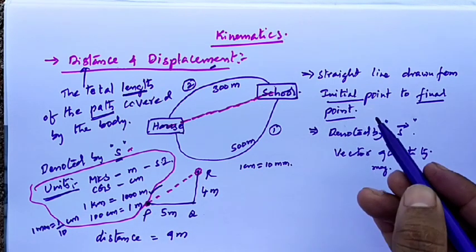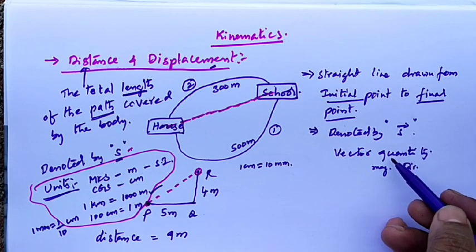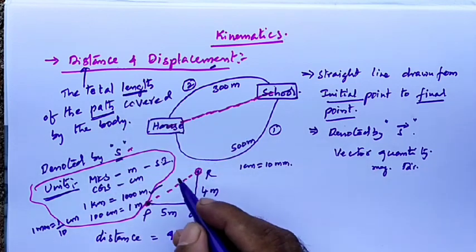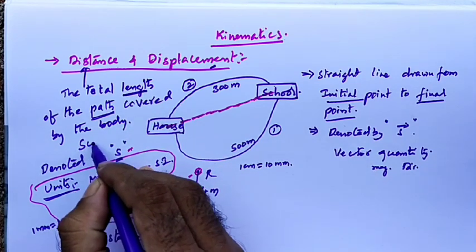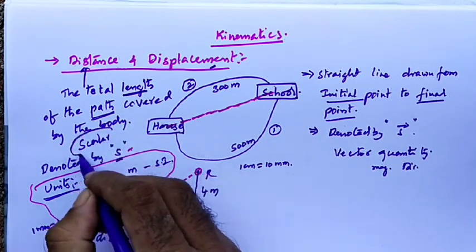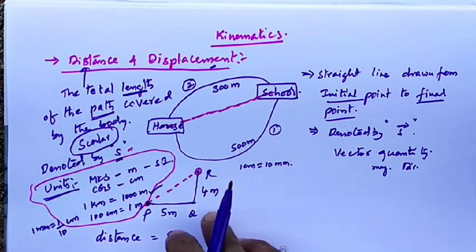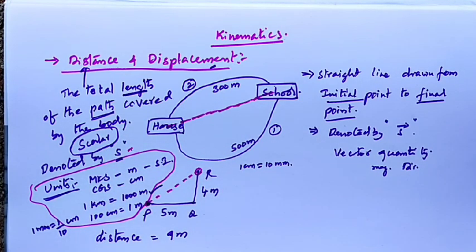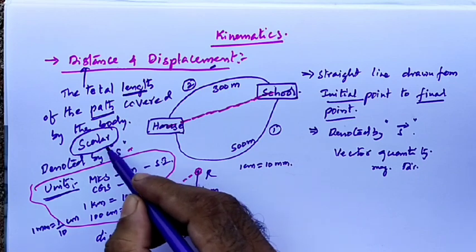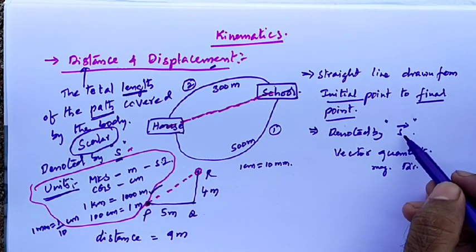But distance is a scalar physical quantity, and displacement is a vector physical quantity. Its symbol is not simply S, but S bar.